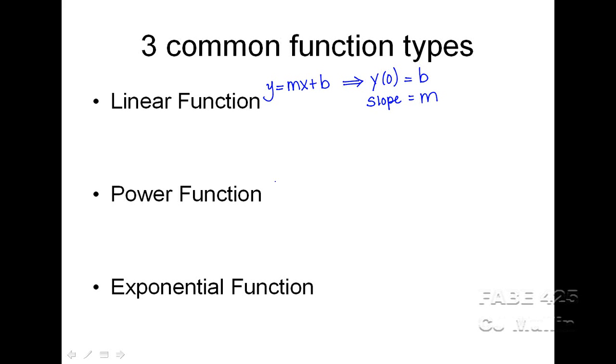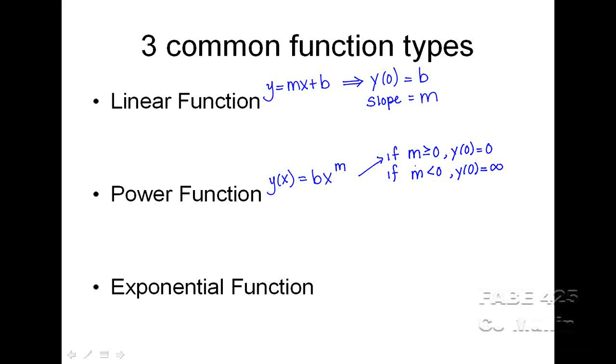The power function can be represented by y of x equals b times x to the m. Depending on the value of m, that dictates whether the function goes to 0 or to infinity at x equals 0.